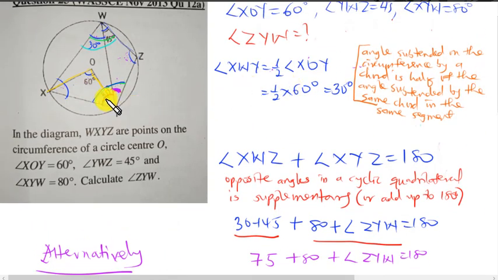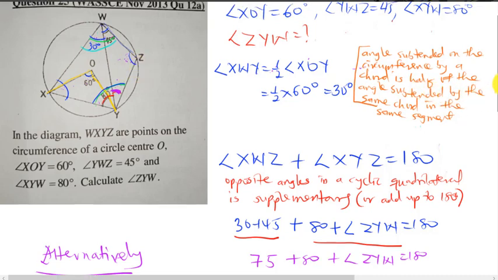We are going to look at an alternative approach XWY here. Now the angle at W, and the angle at Y plus the angle at X should add up to 180 degrees. So if that is the case, then I can know this, and if I can know this, then I can know the opposite side, because the opposite angles in the cyclic quadrilateral add up to 180 degrees.